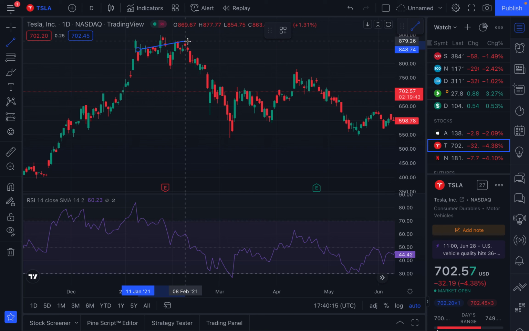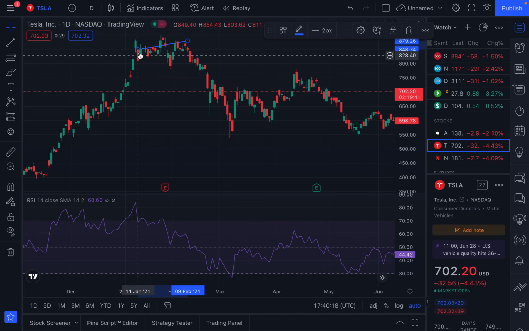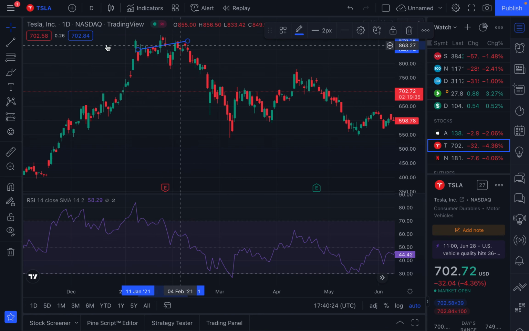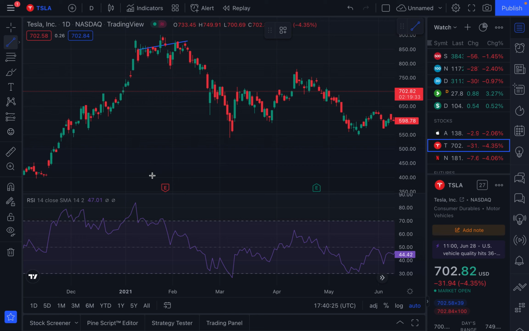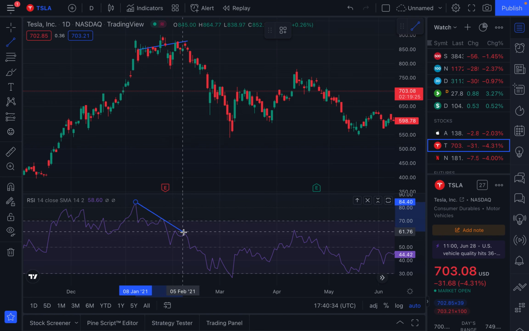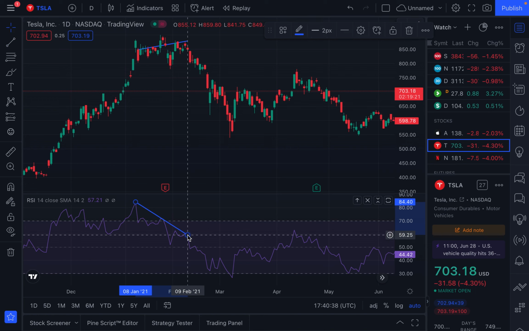This line was starting to go upwards, pointing upwards by connecting these peaks. Now, if I draw another line down here on the RSI, exactly where we started, and close it exactly where we finished, which is right here, what do we see?